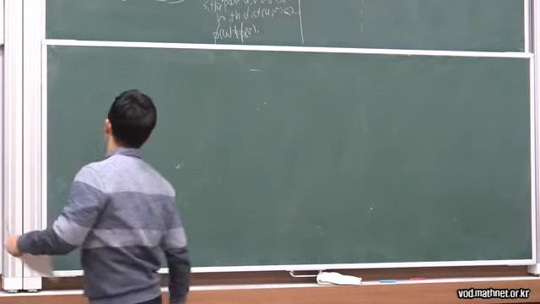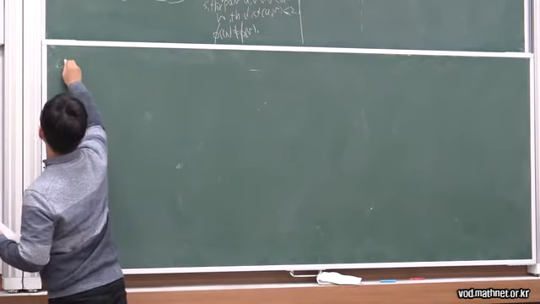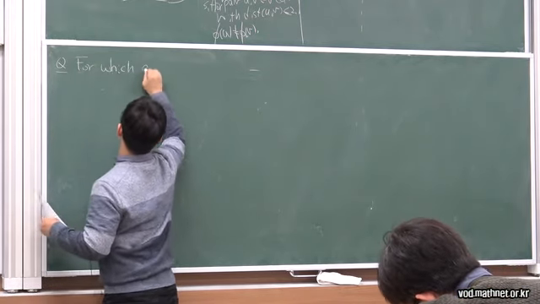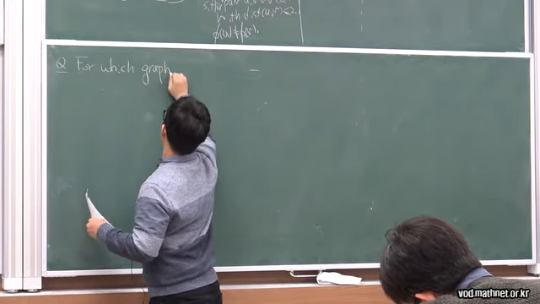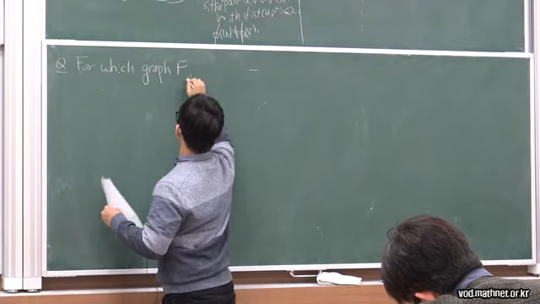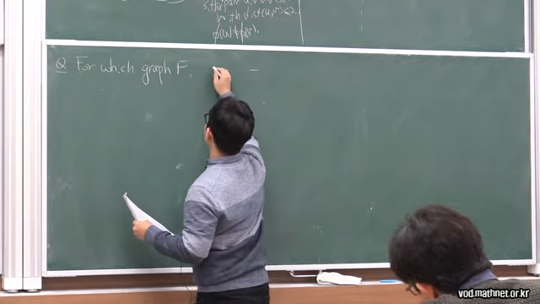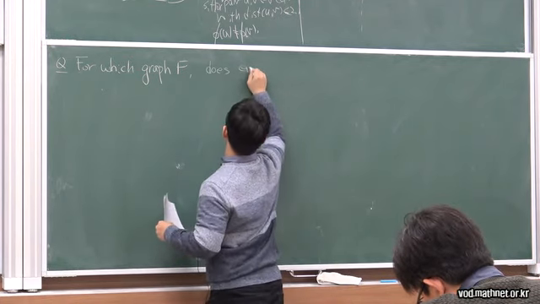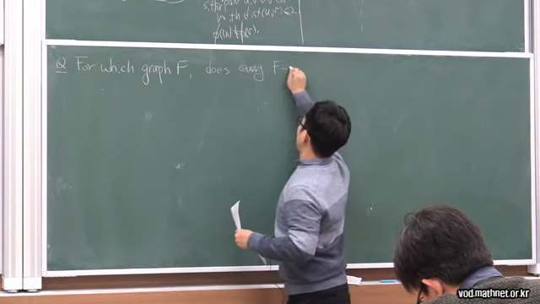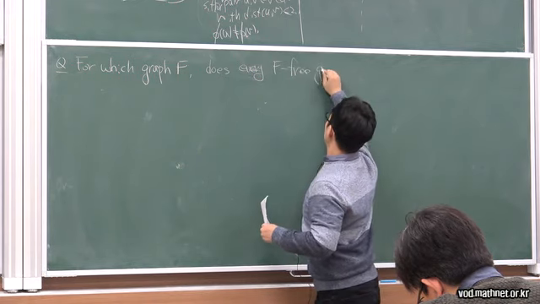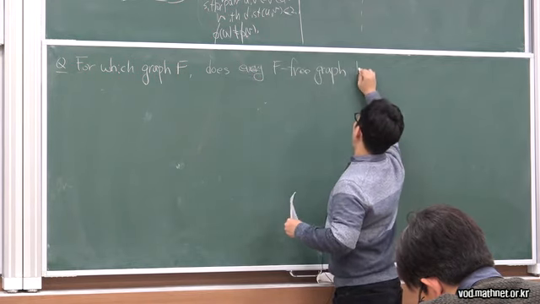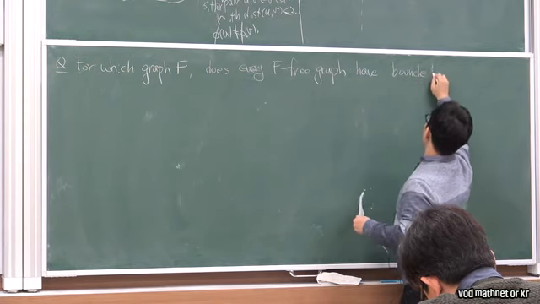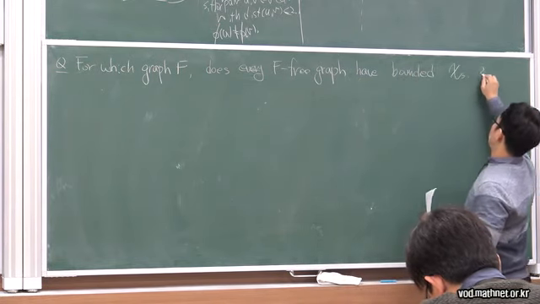Okay, so we raised this question: for which graph F does every F-free graph have bounded star-chromatic number?